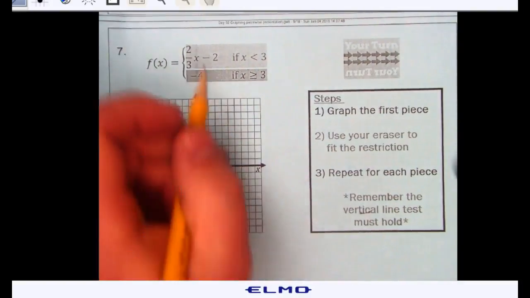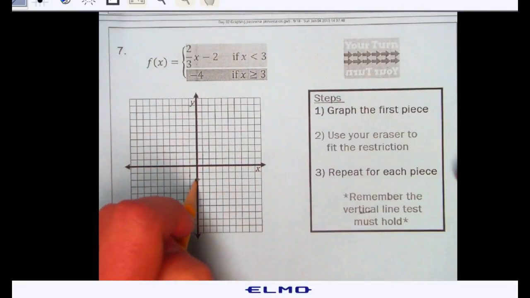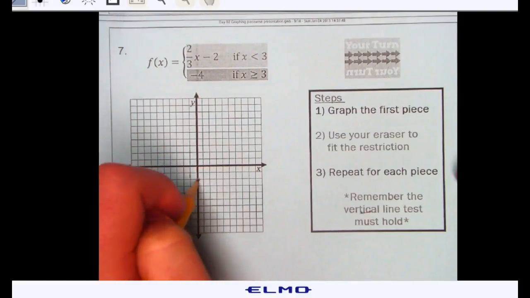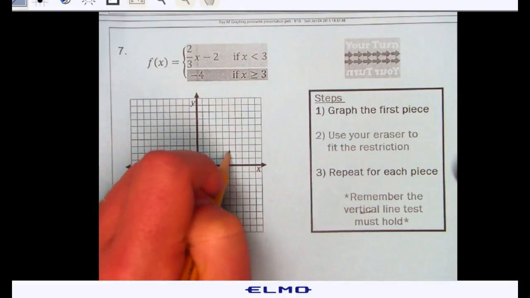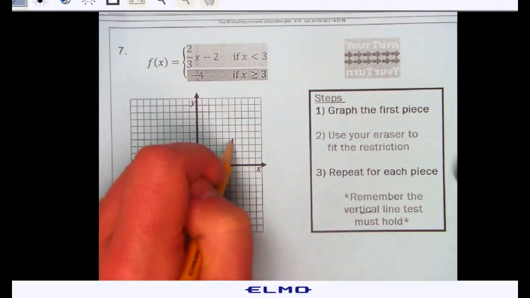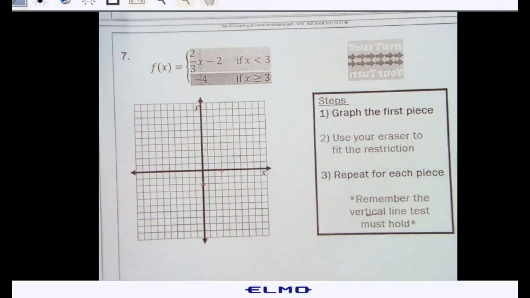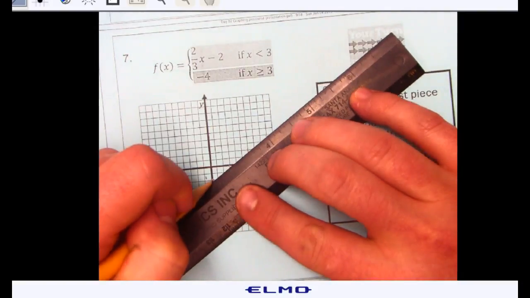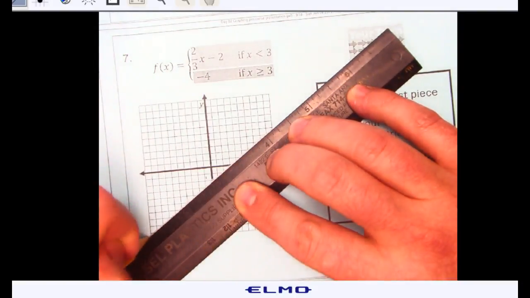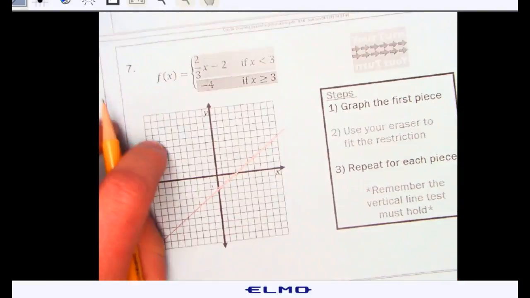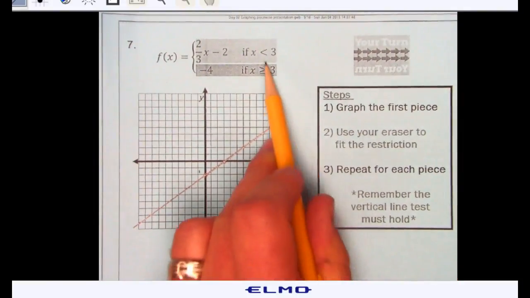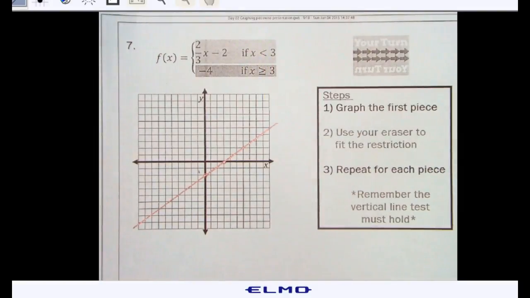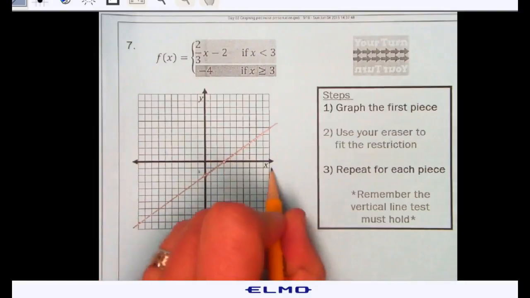Okay, so let's start at -2. Go up 2 and right 3. Okay, and this one's going to be less than 3. So if it helps, go ahead and label where 3 is on the x-axis.